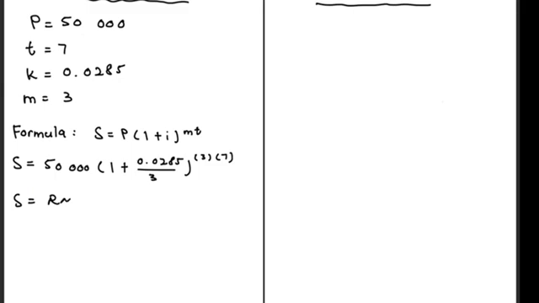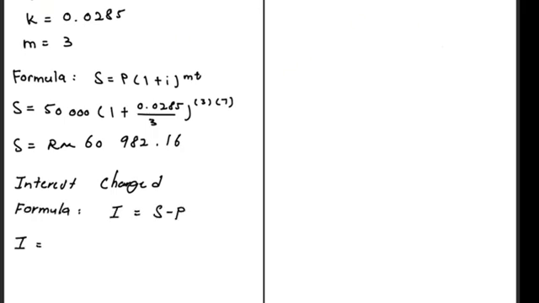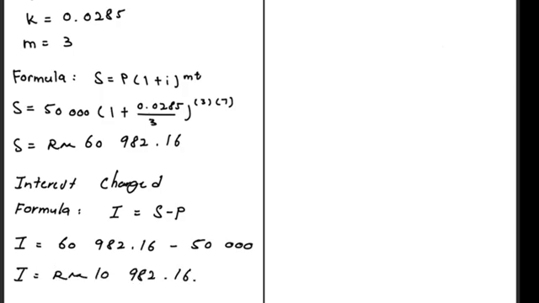We got the total sum amount, which is RM 60,982 and 16 cents. Now we're going to find the interest charge. The formula we're going to use is I equals S minus P. So let's insert our total S and subtract our P, which is 50,000. The total we'll be getting is RM 10,982 and 60 cents.